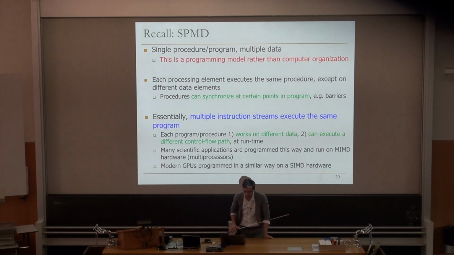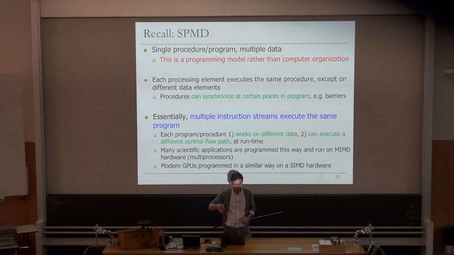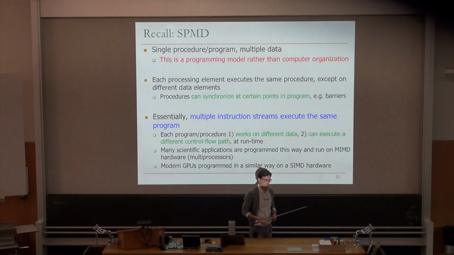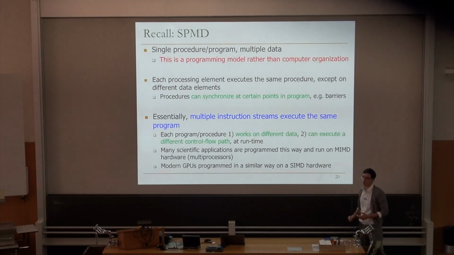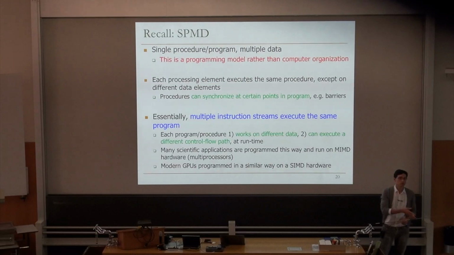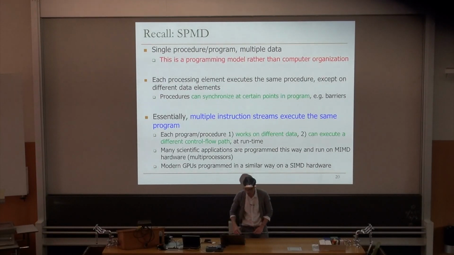The main thing in this single program multiple data is that we have multiple instruction streams that execute the same program. And these instruction streams are what we have just called threads. And we will use the term threads throughout the rest of the lecture.